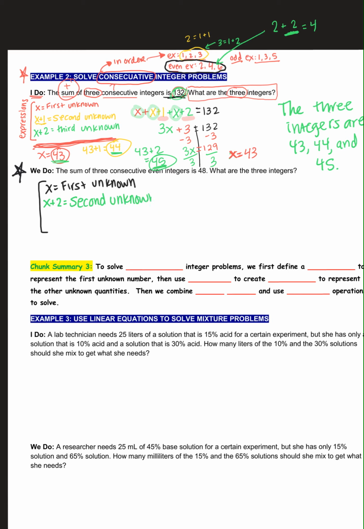And then my third unknown is 2 plus something equals 6, and that something is 4. So my third unknown is x plus 4. See, it's a little bit of a different setup. Up here, it was x, x plus 1, and x plus 2. Down here, we have x, x plus 2, x plus 4.